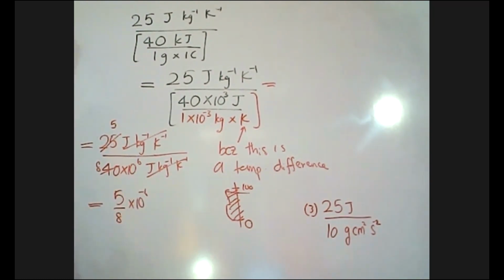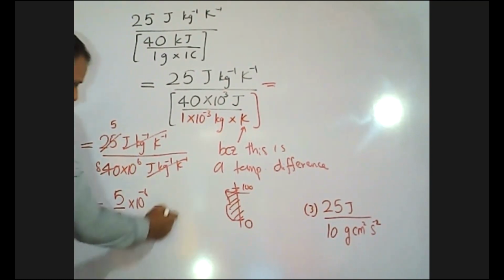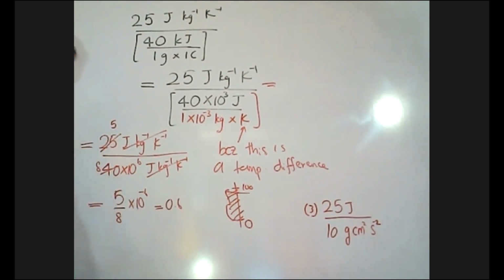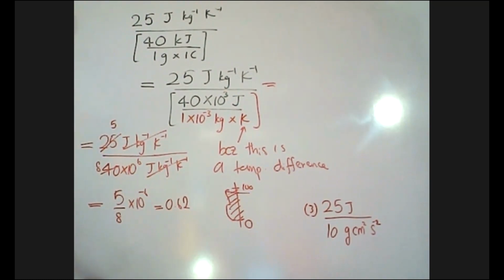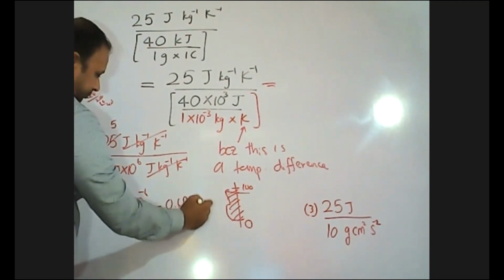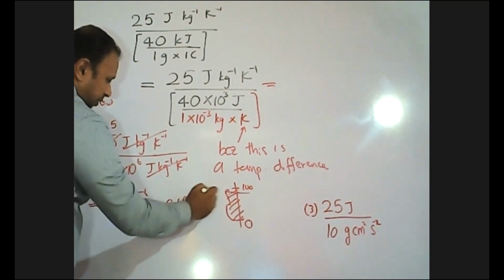You can simplify this one. 5 over 8 is 0.625.